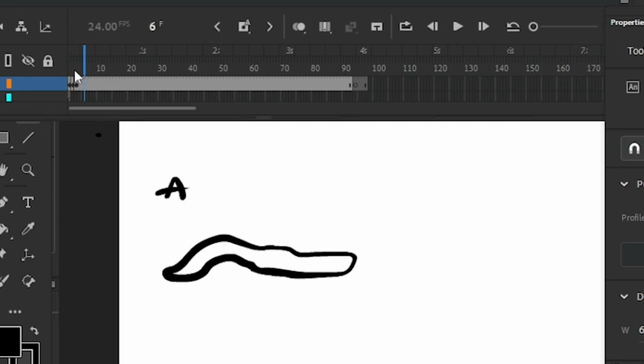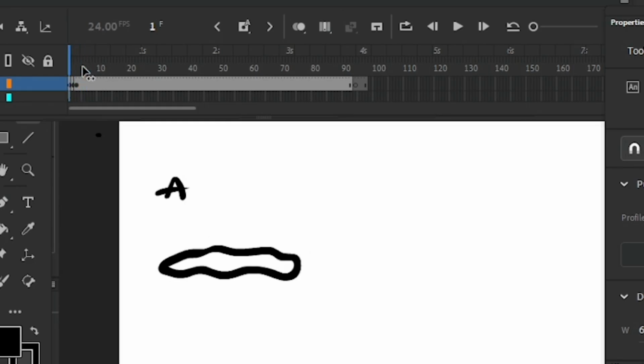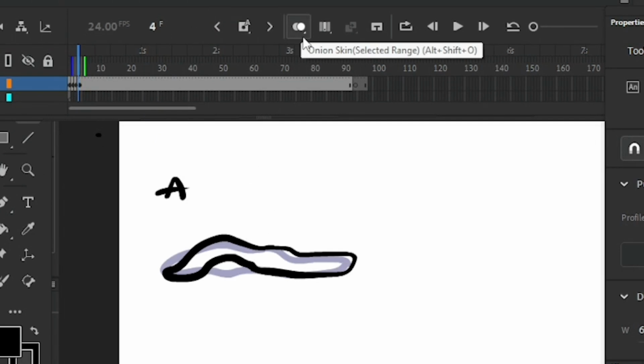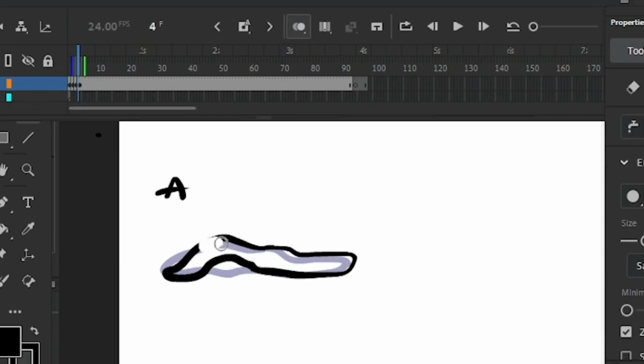Move another keyframe forward. Here, then you see a fourth keyframe. You take another one, come here, turn on your onion skin, and then you go again.